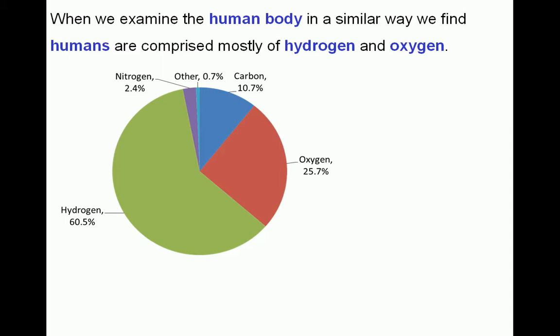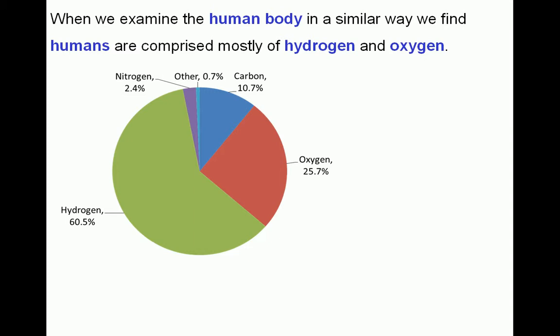And what we find is that humans are comprised mostly of hydrogen and oxygen, and you've probably heard this, that we are mostly water. And so about 60% of the atoms in our bodies are hydrogen atoms, 25 to 26% are oxygen atoms, and then the remainder is distributed mostly between carbon with about 11% and nitrogen with about 2.4%, and only 0.7% of other trace elements.